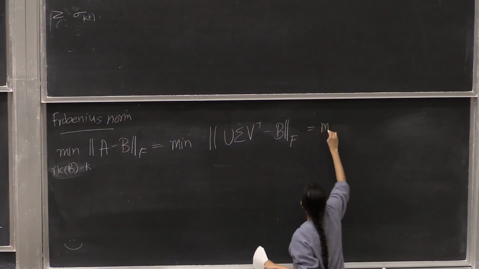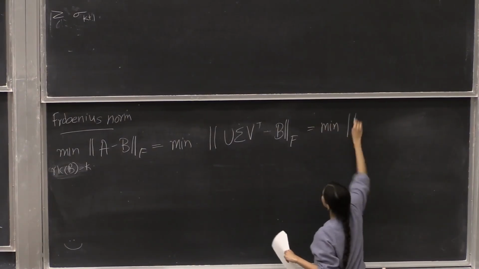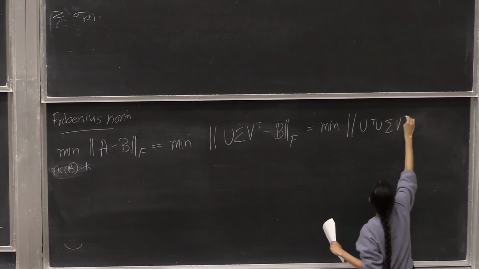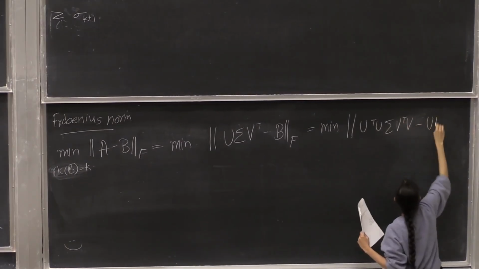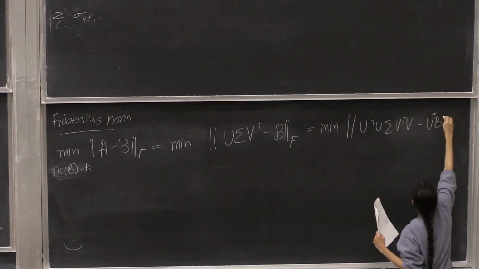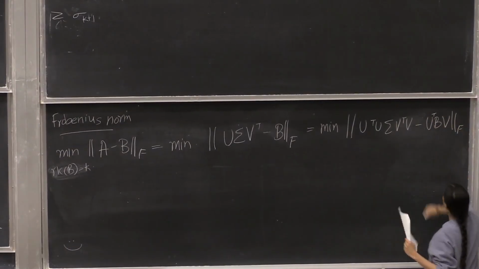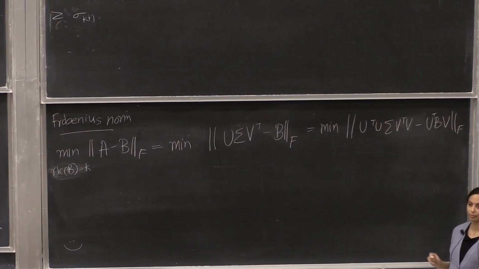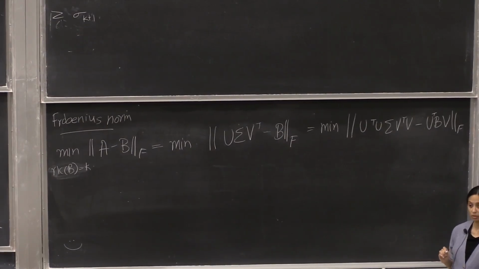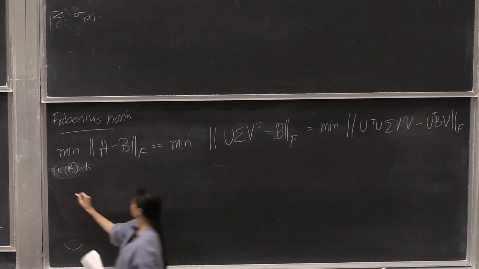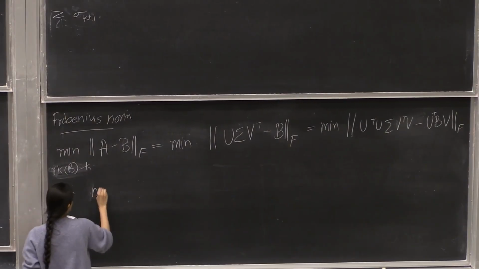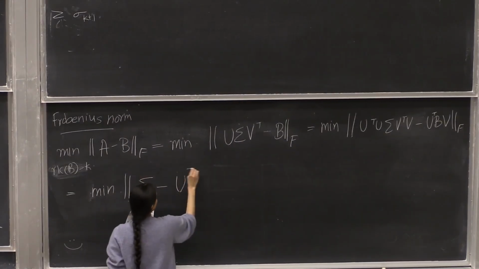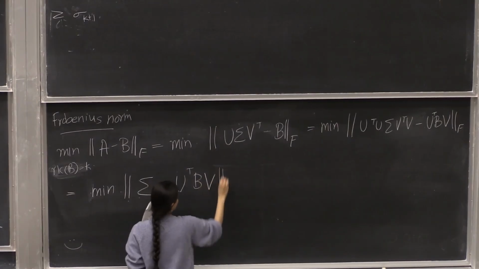So I can write this as min of U transpose U sigma V transpose V minus U transpose B V. I left multiplied by U transpose and I right multiplied by V. Okay? So this is now equal to the min of sigma minus U transpose B V Frobenius norm.